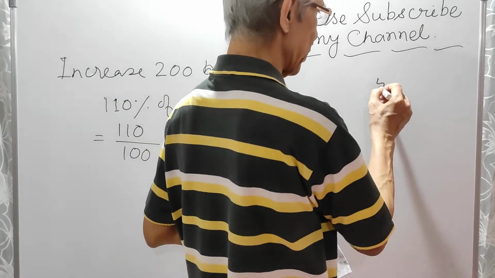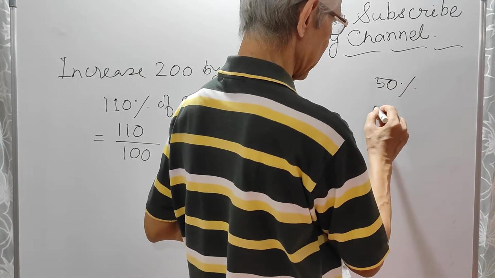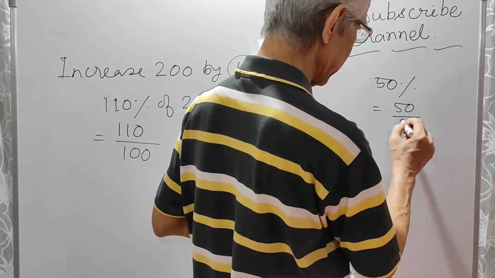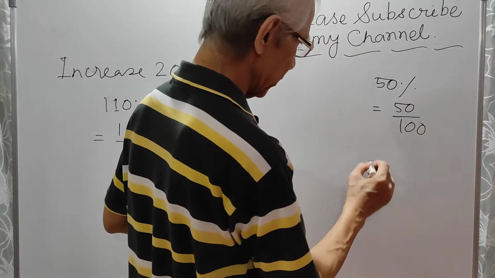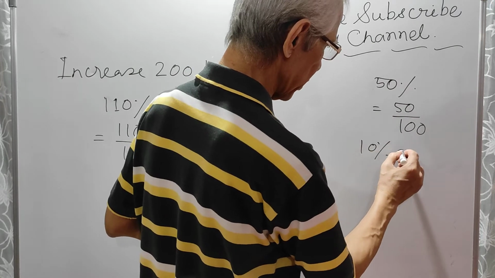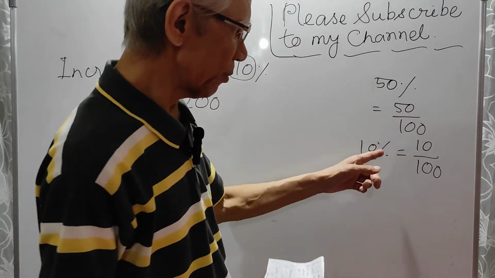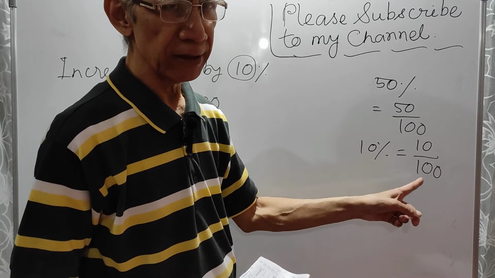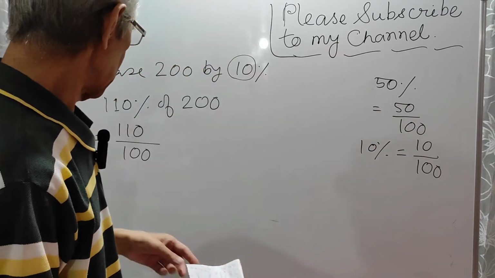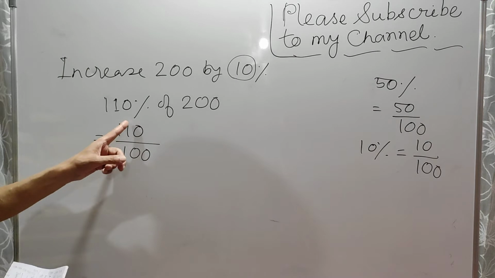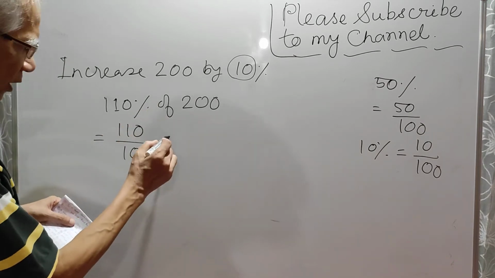So 50% means 50 by 100. 10% means 10 by 100. So percent means divided by 100, isn't it? So 110% means 110 by 100 into 200.